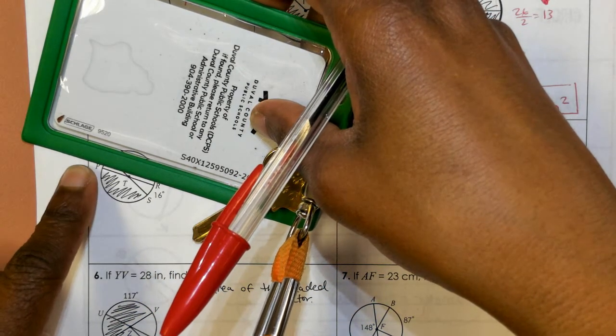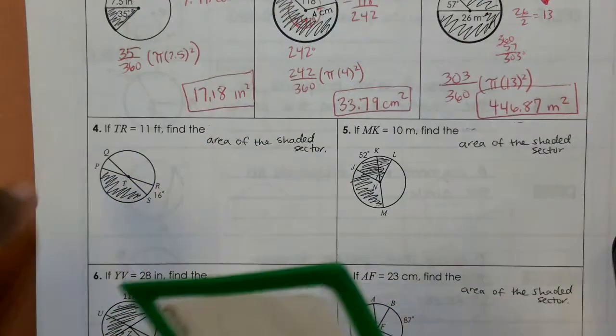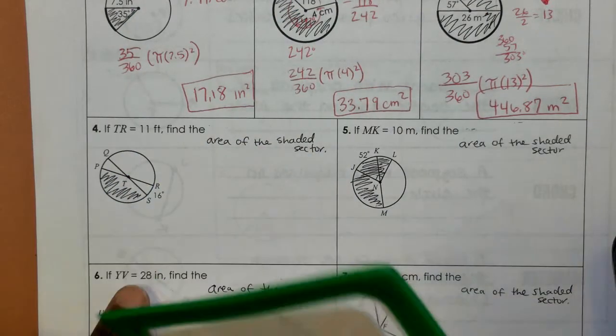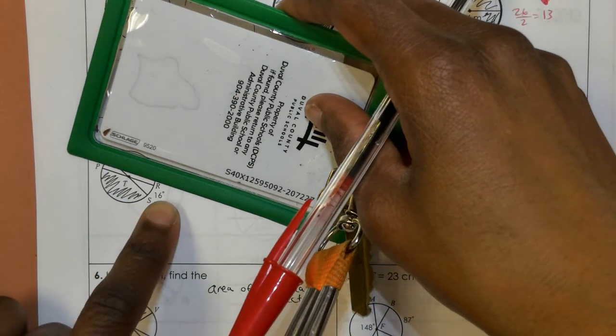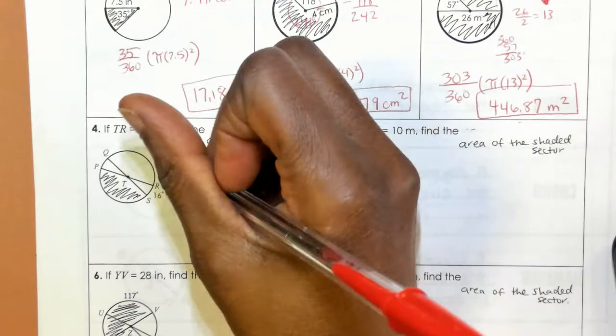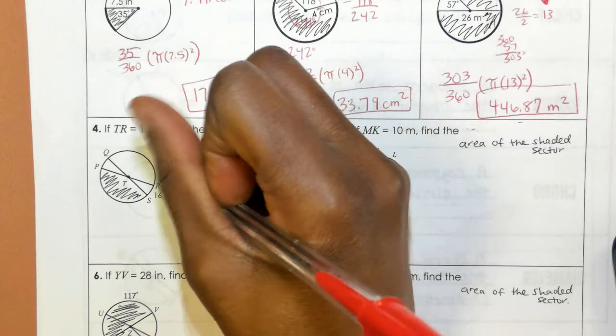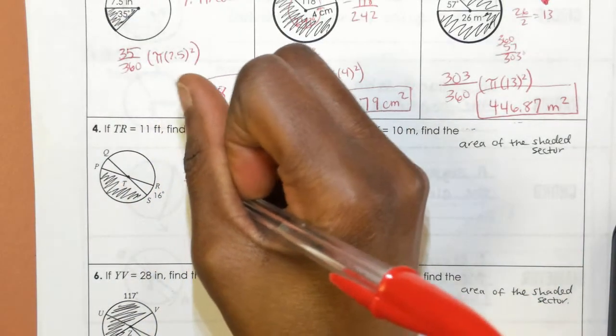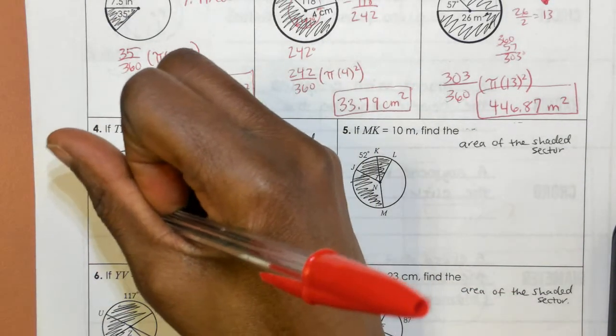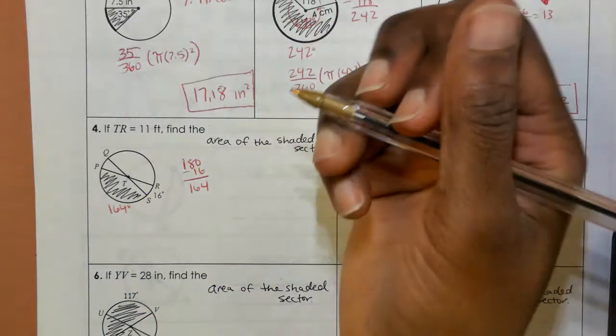It's half of 360 degrees. So P all the way to P would be 360 degrees. P to R is half of that, because I covered up half the circle. So that would be 180. So to get P to S, I would do 180 minus 16. And that tells me this would be 164 for the arc, which is the same as the angle here.